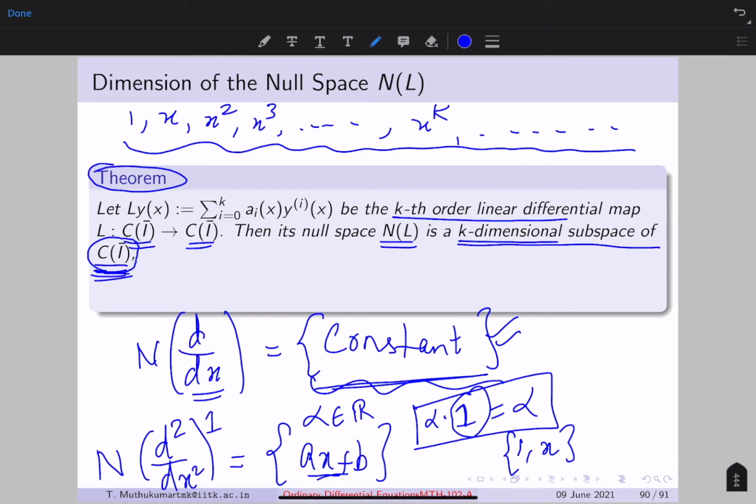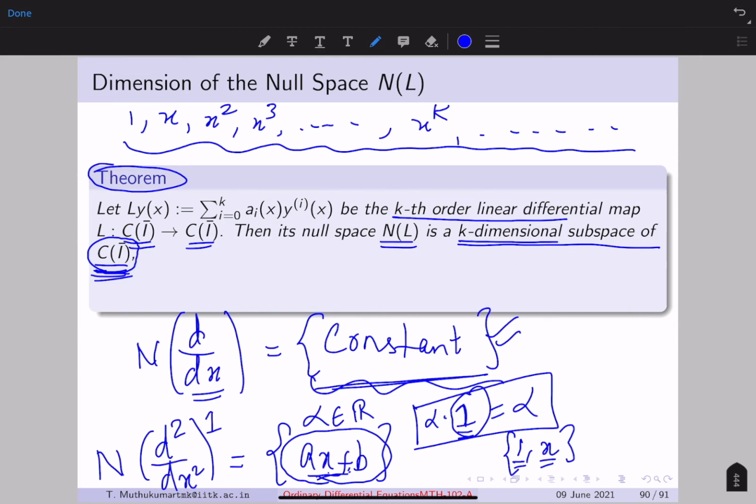Earlier it was a linear combination of just the constant function 1; now for dimension 2, it's a linear combination of 1 and x.